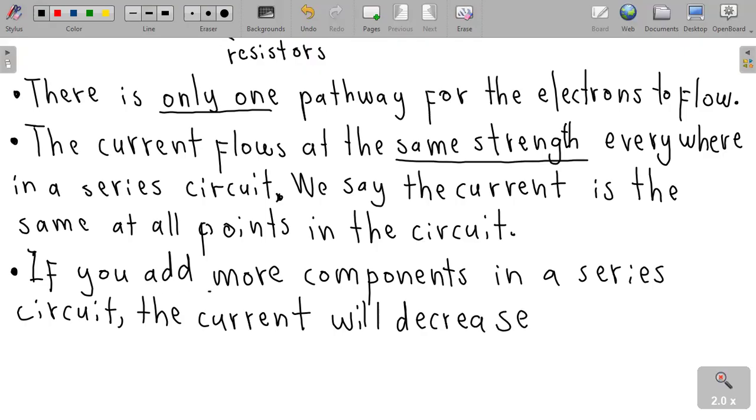So more components will lead to a decrease in current, okay? This means that the opposite is also true: if you remove components in a circuit, the current will increase.